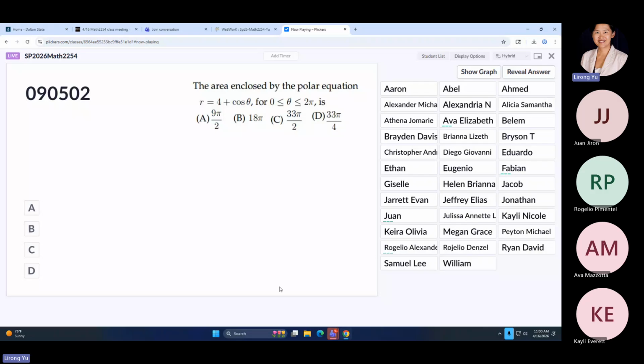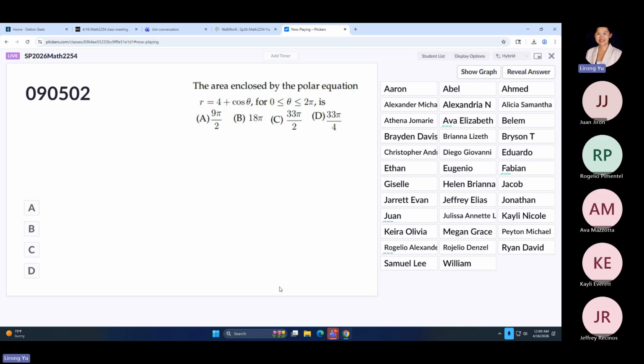So at 90 degrees, r is 4. When theta equals pi, cosine pi is -1, so 4 plus -1 is 3. So the distance is 3 at the 180 degree angle.